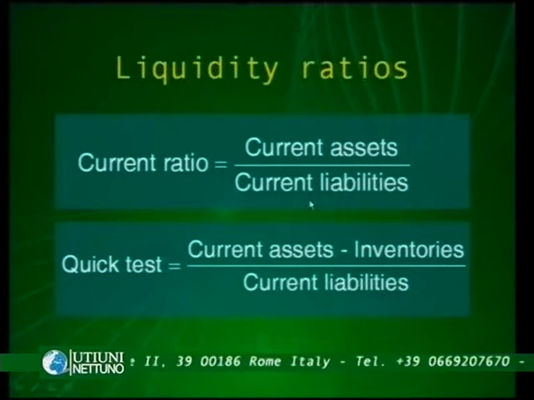The reason why we are subtracting inventories is because inventories are the less liquid component of the current assets. So if you want to calculate a ratio that is more precise in telling us whether we are able to face current liabilities, then we concentrate only on the more liquid part of the current assets.